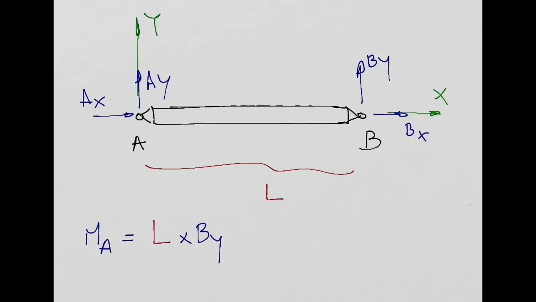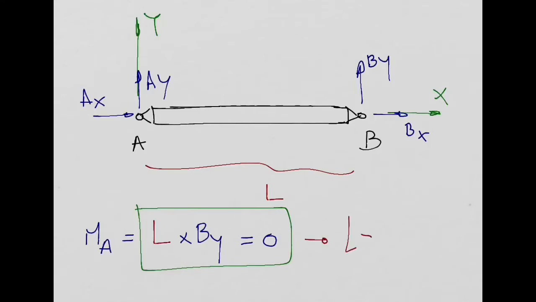And this is all the moments we have in this strut. This is all the moments we have at point A. We don't have anything else. And in order for this to be in equilibrium, this moment needs to be equal to what? To 0, right? Now, if you look carefully at this equation, what we have here is L By equal to 0. So it means L is equal to 0 or By is equal to 0.